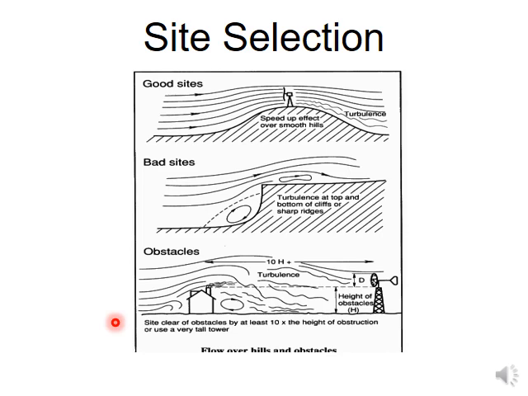Out of these three parameters, one parameter is the wind velocity, and the power generated by a windmill is directly proportional to the cube of the velocity of the wind. Now we should achieve the maximum velocity of wind, and for achieving the maximum wind velocity we have to decide an appropriate site where we should install our windmill.